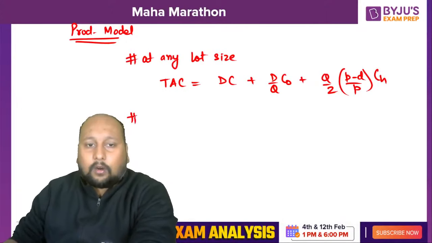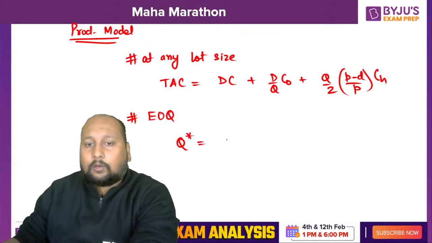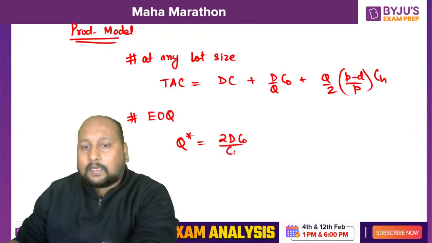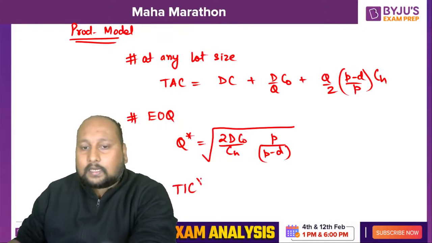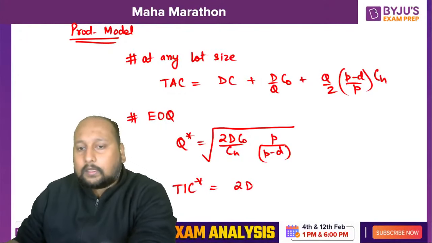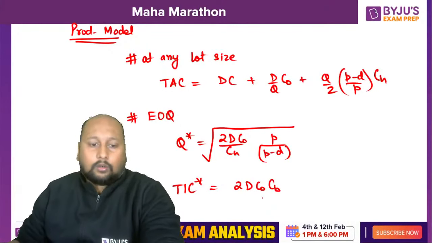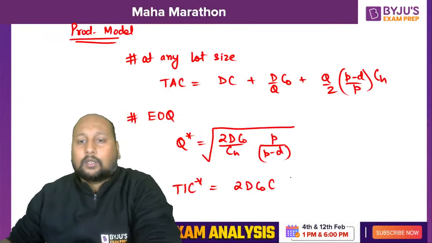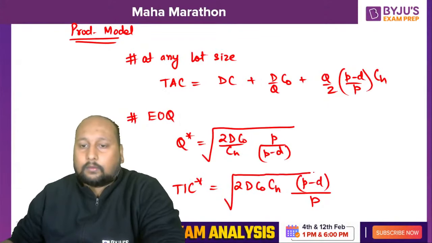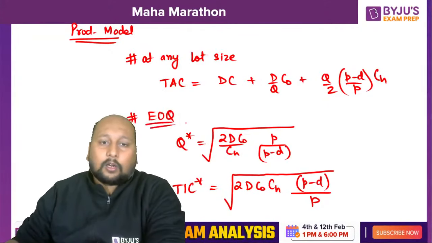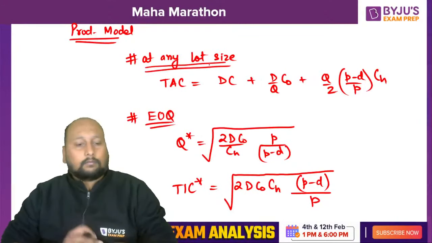If I talk about economic order quantity, Q star is equal to root of 2D CO by CH into P upon P minus D, and TIC star is equal to root of 2D CO CH into P minus D by P. Okay, so this is at economic order quantity, and the previous one is at any lot size, for the production based model.